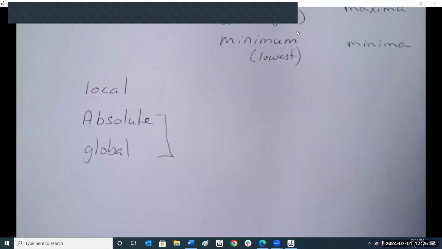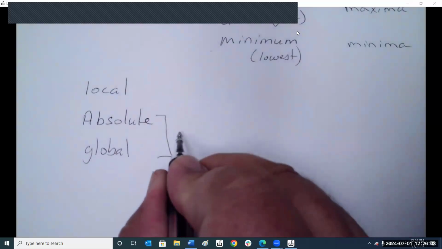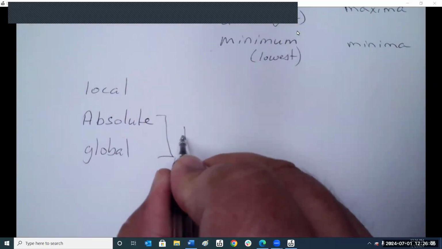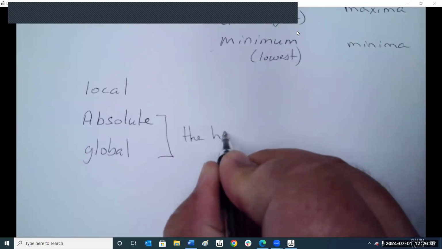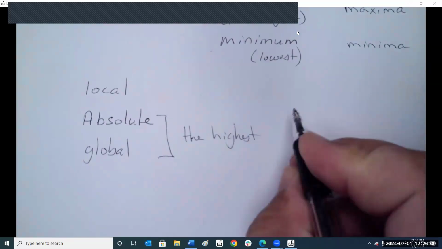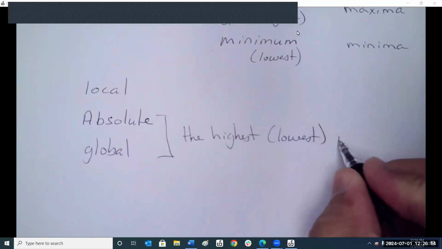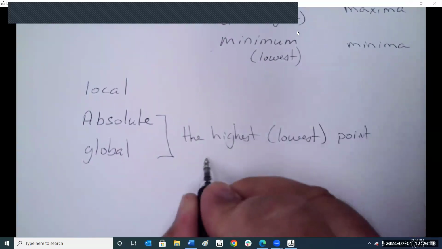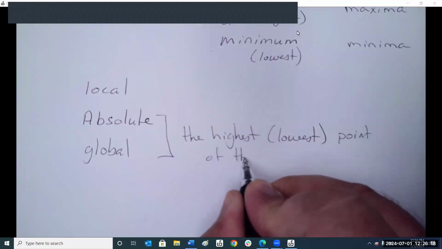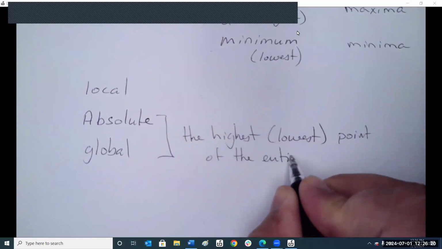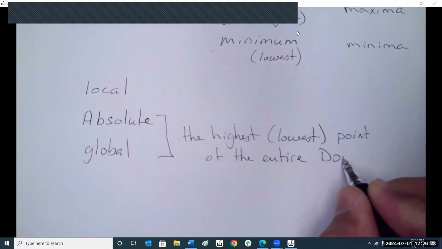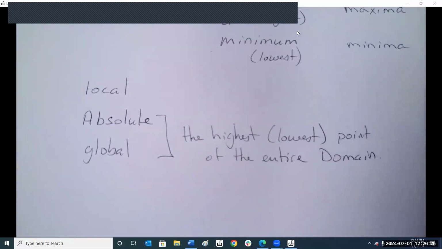Absolute and global are really interchangeable. So this is the highest or lowest point of the entire domain.